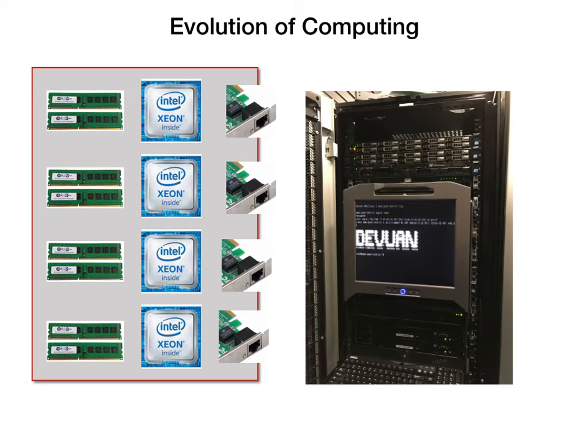So I don't know if you can make out, but this is a rack filled with large machines like this. And then this little monitor and keyboard was the only thing that we used to work with, and we would physically connect to individual machines to do maintenance.